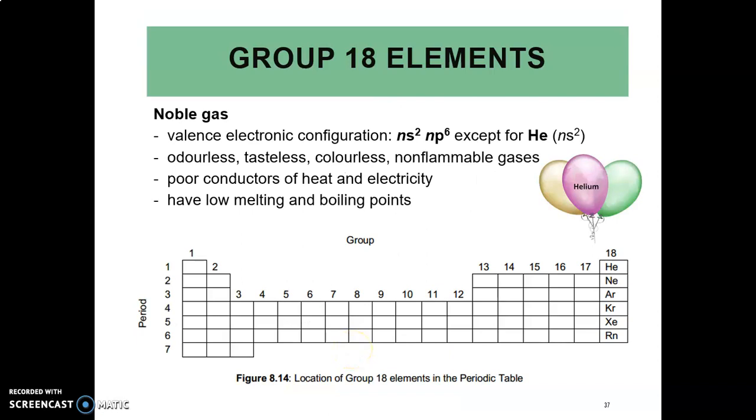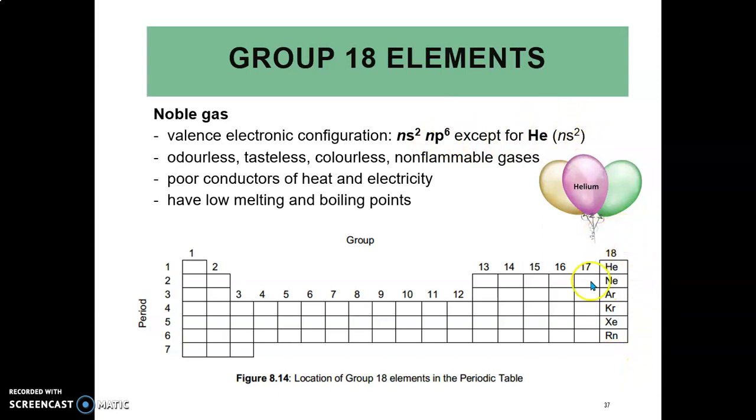The last group in the main group elements is group 18, also known as the noble gases. The valence electronic configuration for noble gases is ns2np6, except for helium, which is just ns2.